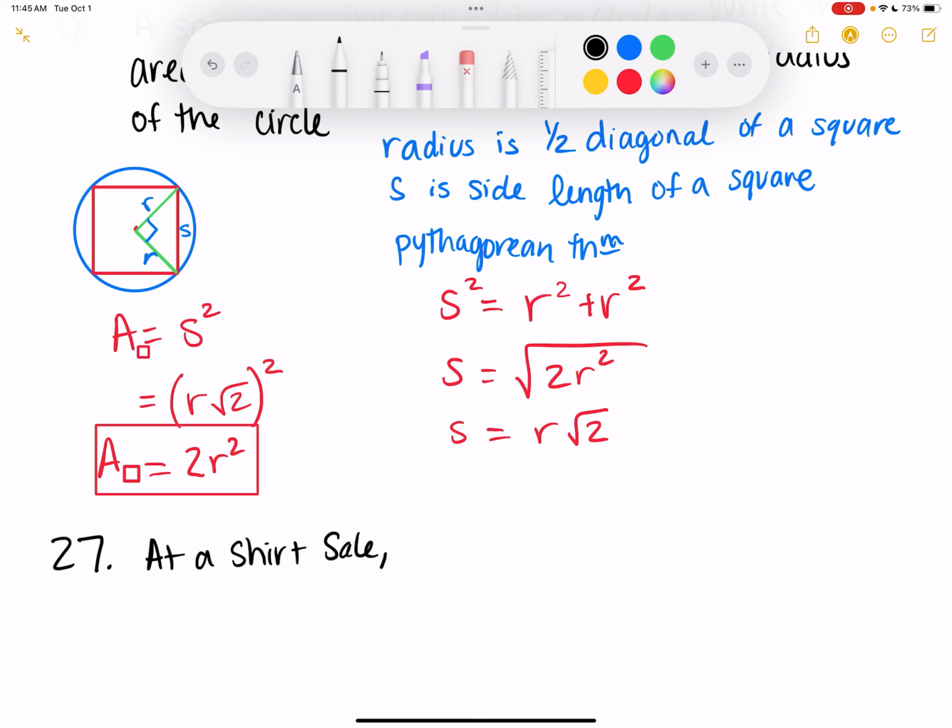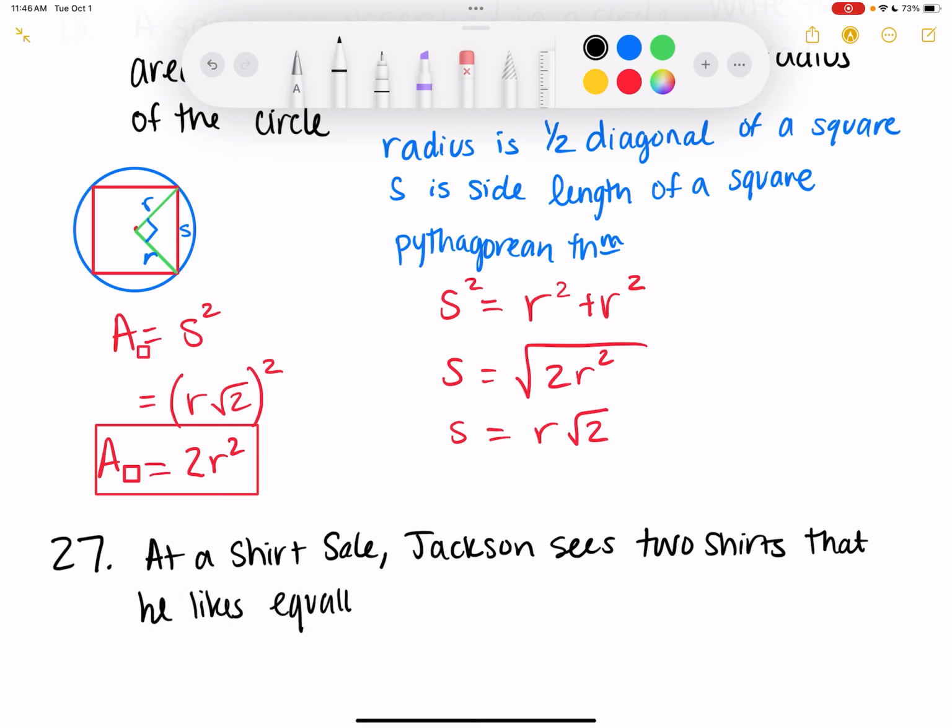Jackson sees 2 shirts that he likes equally well. Which is a better bargain and why?